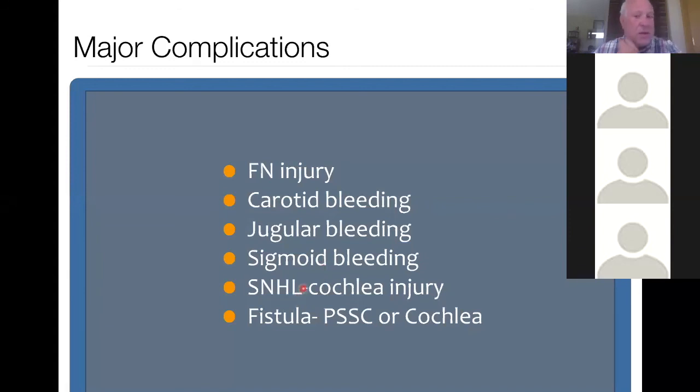Sensorineural hearing loss: if you injure the cochlea when you're doing an infra-cochlear approach, you can potentially develop a sensorineural hearing loss.